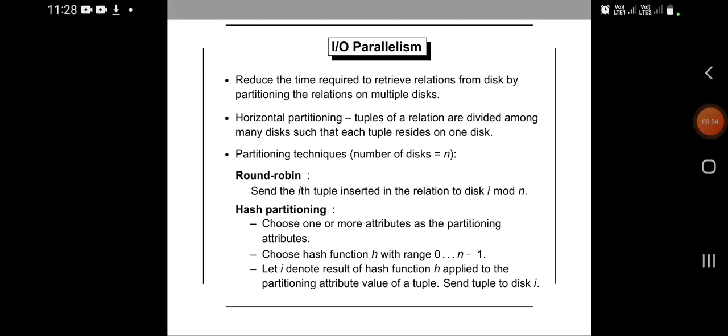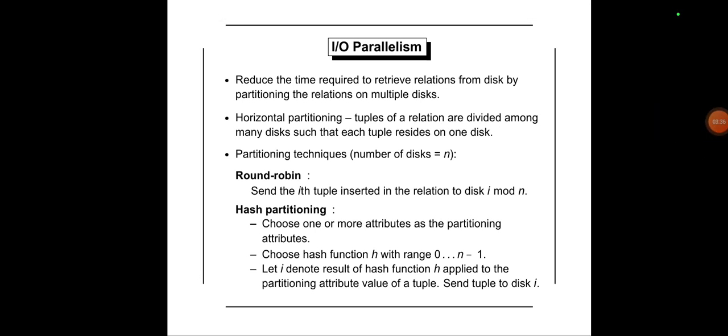That is, the strategy scans the relation in any order and sends the ith tuple to disk number Di mod n. The round-robin scheme ensures an even distribution of tuples across the disks. That is, each disk has approximately the same number of tuples as the others.